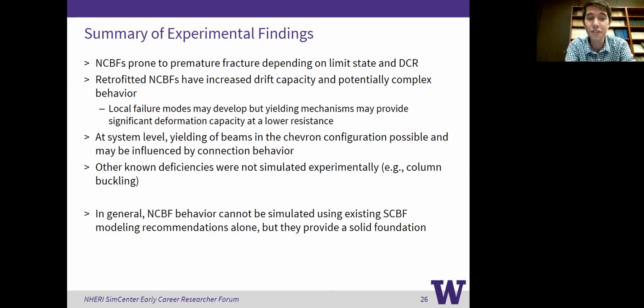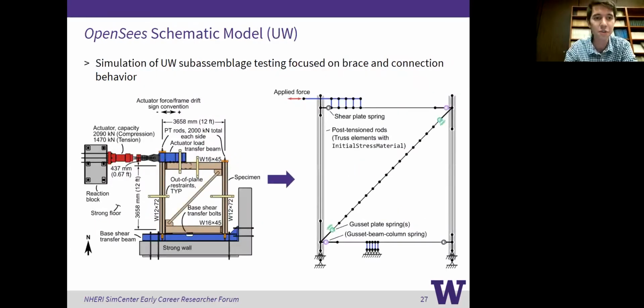And there are other things we're just not able to simulate experimentally, like column buckling, due to practical laboratory limitations. In general, NCBF behavior cannot be simulated using the existing SCBF recommendations, but because these are still brace frames, we want to build off of those recommendations.